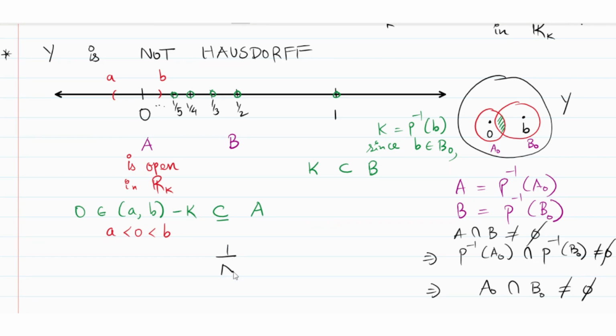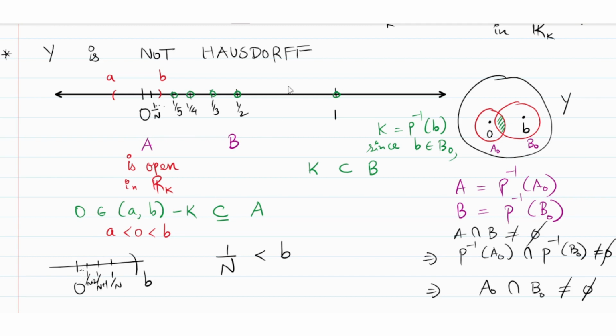Because I can find a sufficiently large capital N value such that 1 by n is less than b, I can do that, right? So let's take this to be 1 by n. So having a closer look, this is your b, 1 by n is here, 1 by n plus 1 is here, and 1 by n plus 2, and so on.